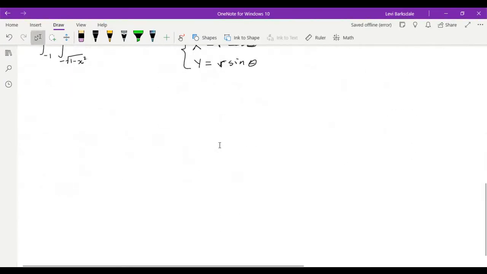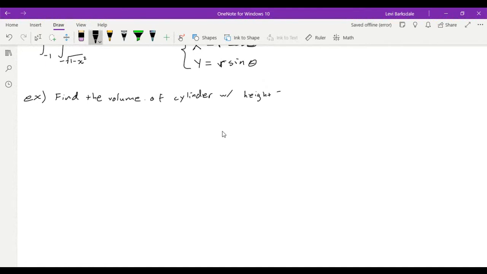So let's go ahead and do an example. Let's say you wanted to find the volume of a cylinder with a height of 2 and a radius of 3.